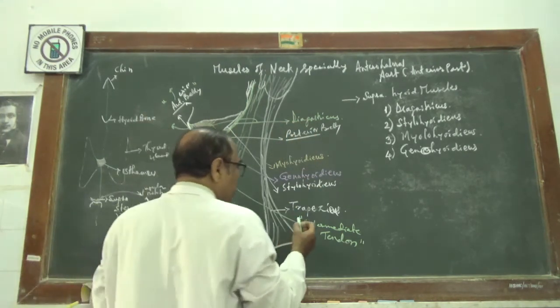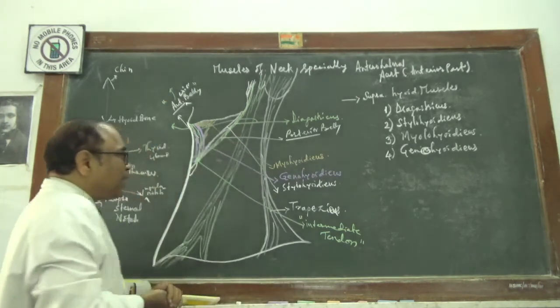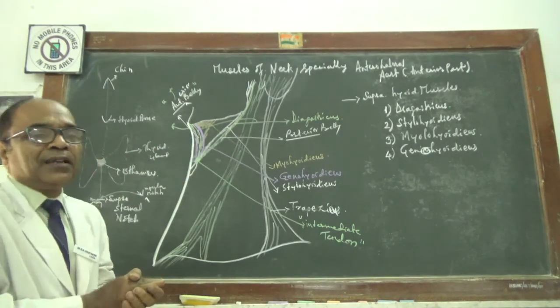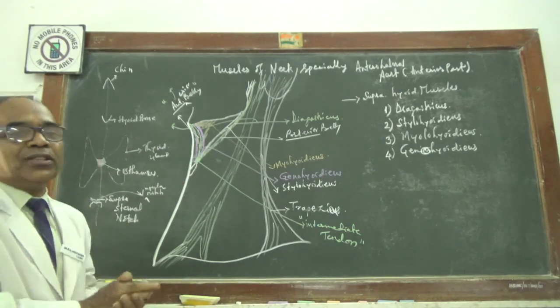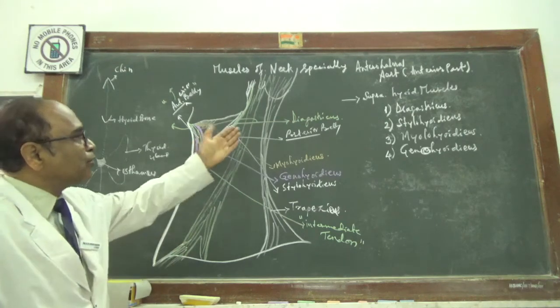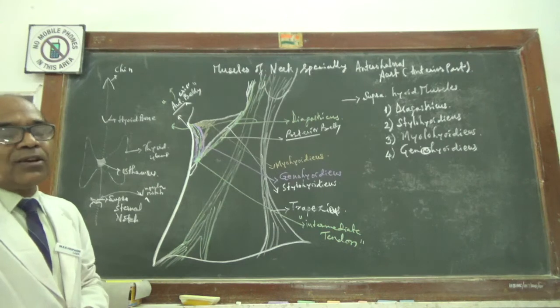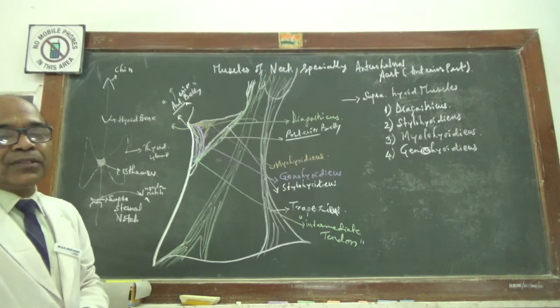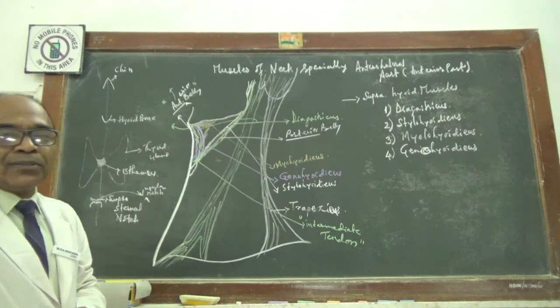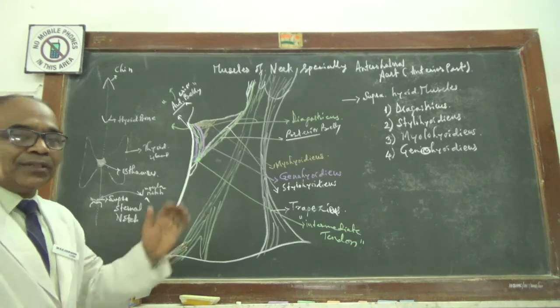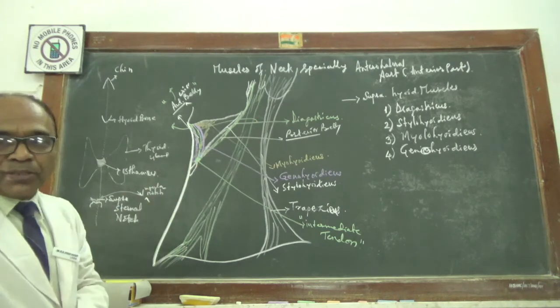Now for this digastric muscle, the relations and all, whether they are important or not, for the undergraduate level you should know that these are the muscles in the anterior or anterolateral aspect of the neck, where they come and what they form.